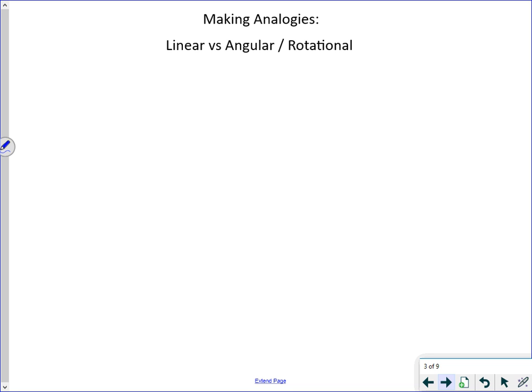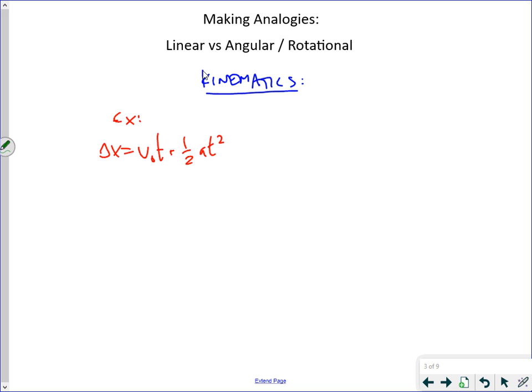Let's draw some analogies between linear stuff and angular, or rotational, stuff. From a kinematic standpoint, on the linear side, delta x is v naught t plus 1/2 a t squared. On the angular side of that analogy, delta theta is omega naught t plus 1/2 alpha t squared.